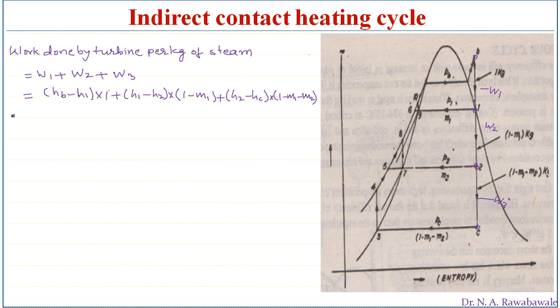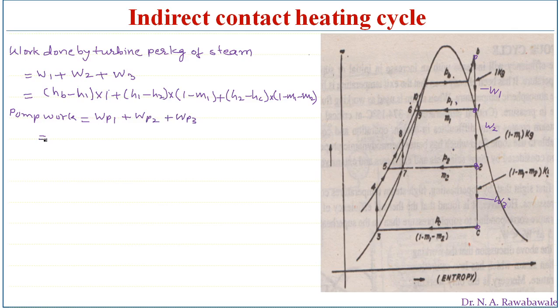Then the pumps are going to consume work. Here we have three pumps, P1, P2, P3. So the total pump work is given by pump work equal to WP1 plus WP2 plus WP3.